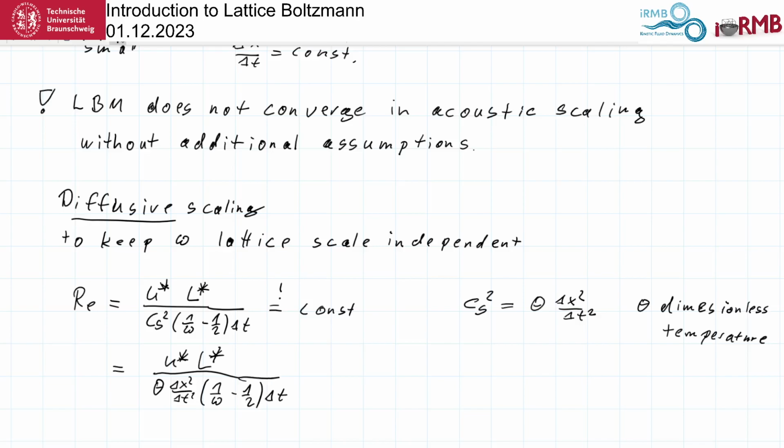And this is still considered to be constant, and also omega is considered to be constant. And if omega is constant, this is when delta x squared is proportional to delta t, right? So we divide once by delta t, and if delta x is now proportional to delta t, then everything here is in order.